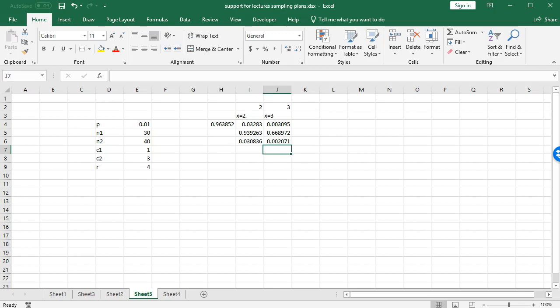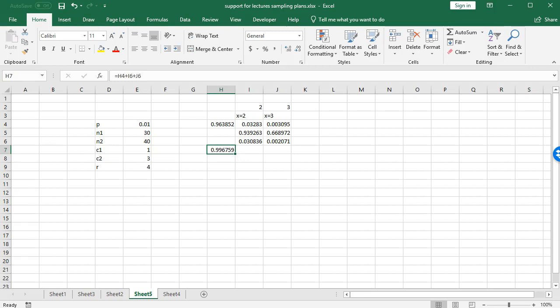And the total probability is now the summation of being either accepted in the first attempt, or accepted when x was equal to 2 and obtaining 0 or 1 in the second sample, or when the first sample was equal to 3 and obtaining 0 in the second sample. So that number now is 99.6.